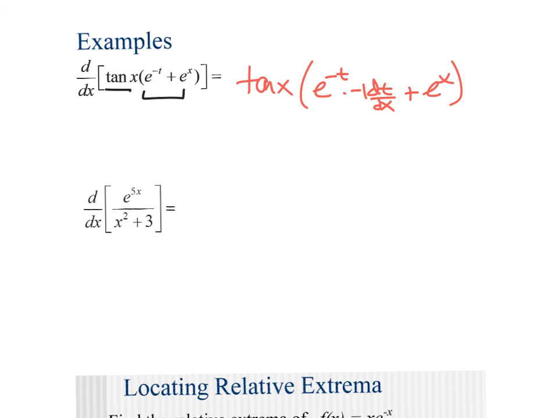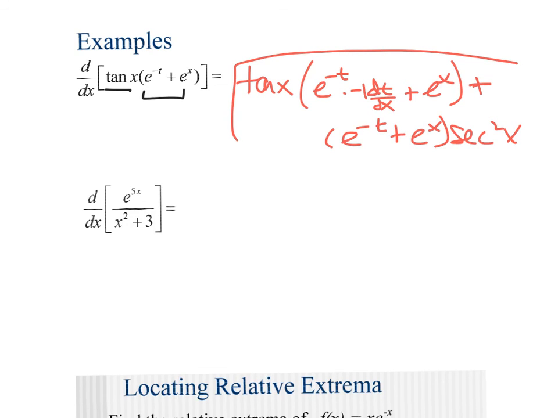So first times the derivative of the second, plus the second times the derivative of the first. Ooh, who can remember the derivative of tangent? Secant squared of x. And I personally would just leave this alone.